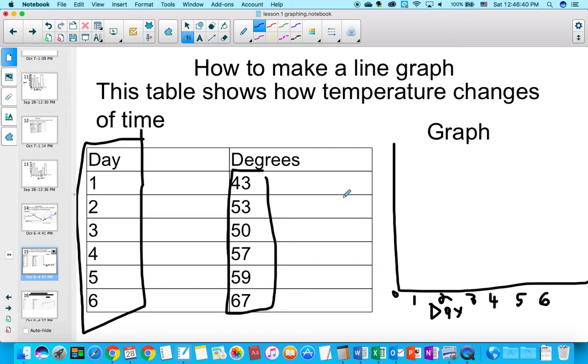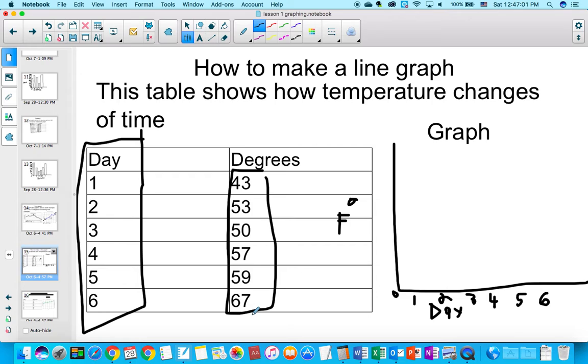I'm assuming this is in Fahrenheit, unfortunately, because 67 degrees Celsius would be crazy. So I'm going to assume it's in Fahrenheit. And so we have 43, 53, 50, 57, 59, and 67.